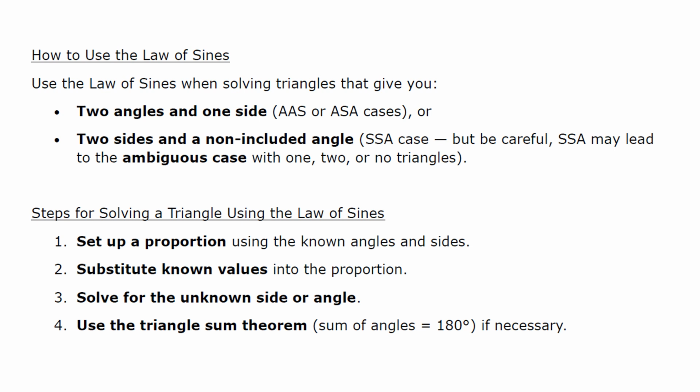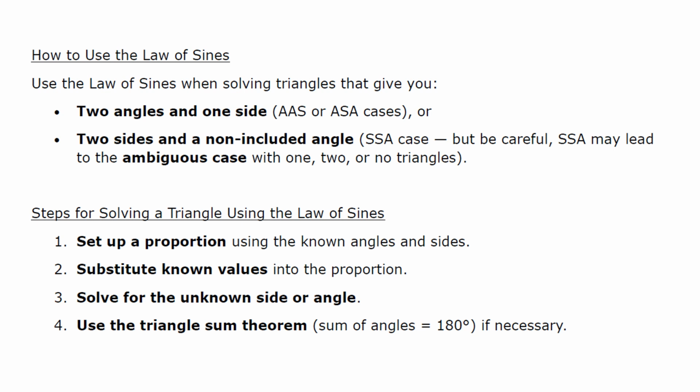Or two sides and a non-included angle, which is side-side-angle, but we need to be careful because side-side-angle may lead to an ambiguous case with one, two, or no triangles. And we'll look at this case in the next section. So we use the law of sines when we have these three cases.